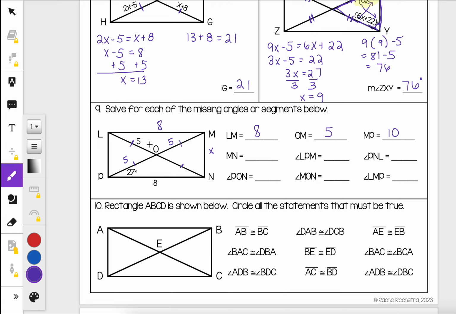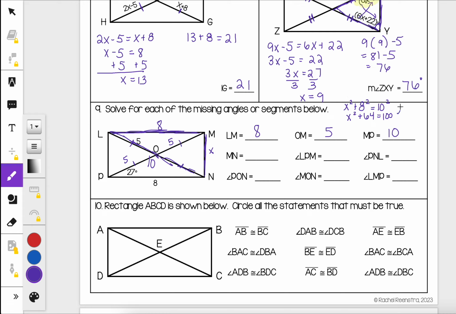What I can do is take this side on top, this side on the bottom, and I know my diagonal is going to be 10, and use the Pythagorean theorem. So I'm going to do this up here. I have x squared plus 8 squared equals 10 squared. So x squared plus 64 equals 100.